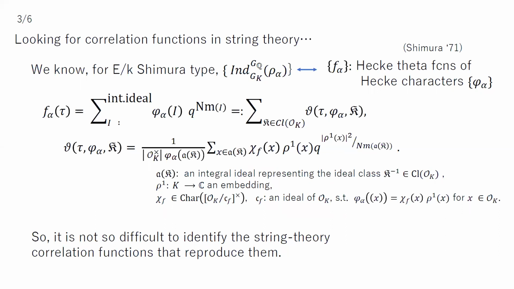Now let me go back to the math background, and let me provide more technical details associated with the modular forms associated with the Galois representations. I said earlier that the modular forms in that context are Hecke theta functions, and Hecke theta functions are of this form. It is the sum over the elements of the ideal class group, and the individual component to be summed over has an expression.